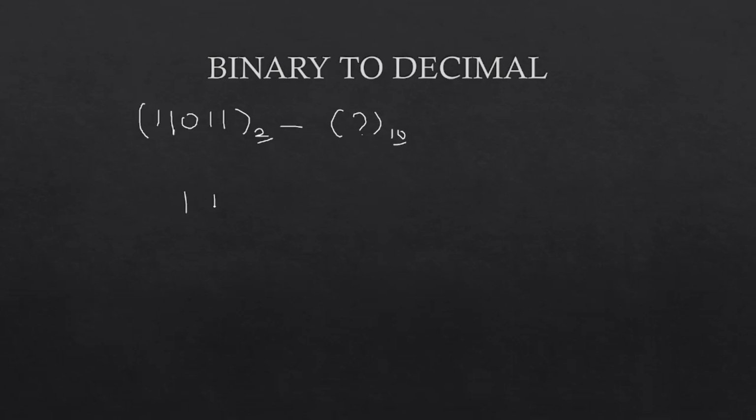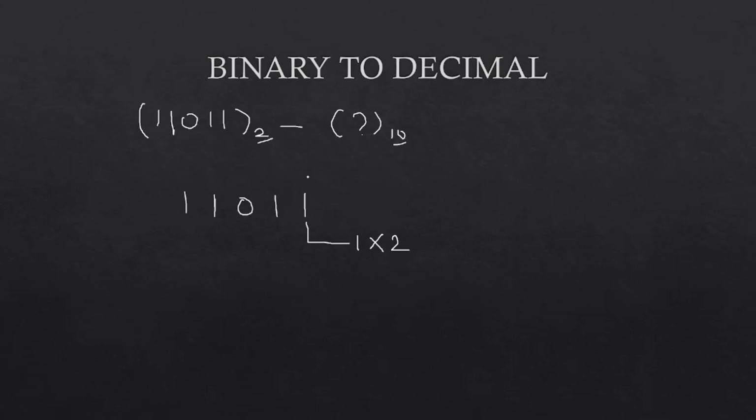Now write the number as it is: 11011. After that, you have to take the digit, so 1 is the digit, and multiply by 2 to the power of position.